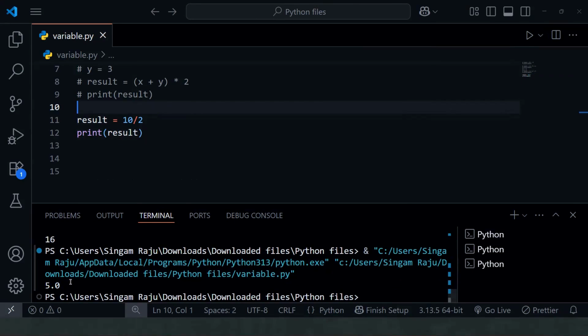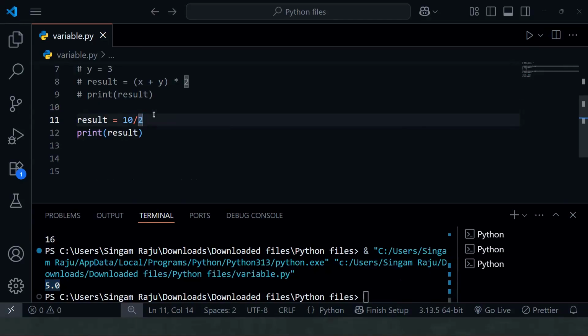It's 5.0. Obviously, it will give the value in float because when you're dividing something, it will give you a float. Python division always gives you a float by default, even if the answer is a whole number. So instead of 5, you will see 5.0, and that little .0 tells you it's a decimal.